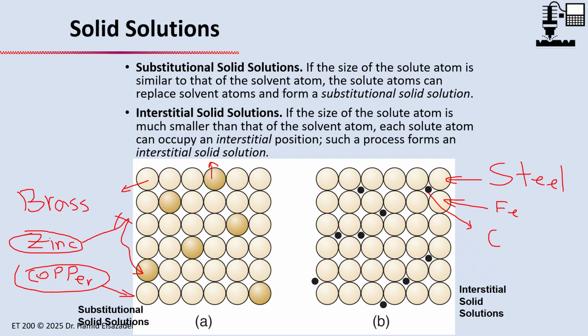The size of iron atoms is 0.12524, I think, nanometer, and a carbon atom is about 0.078 nanometer. So this is way smaller than the iron atom size.